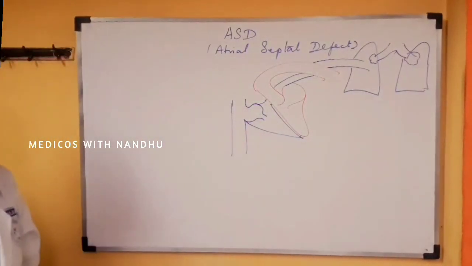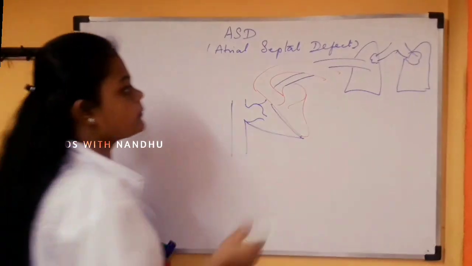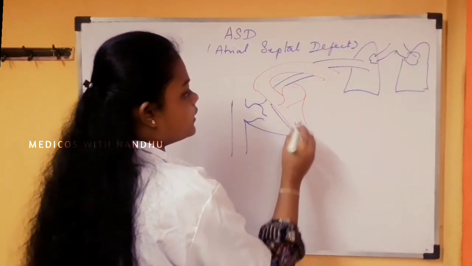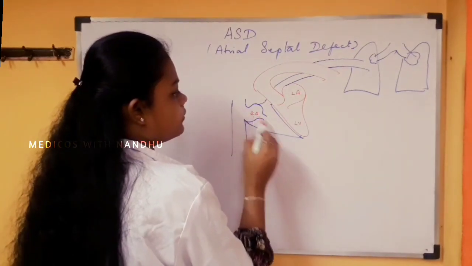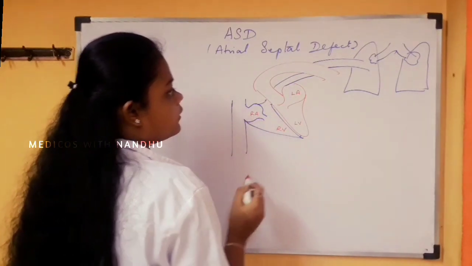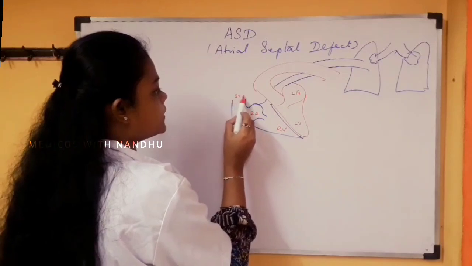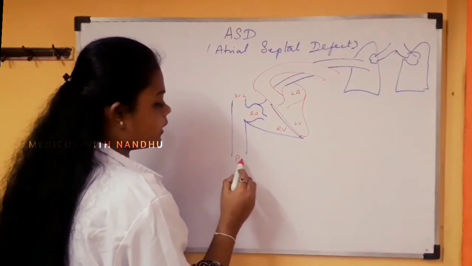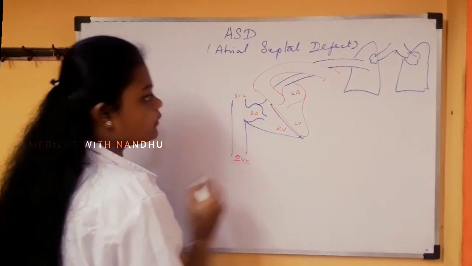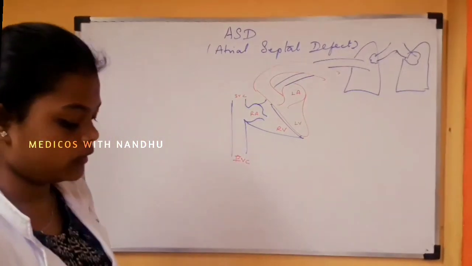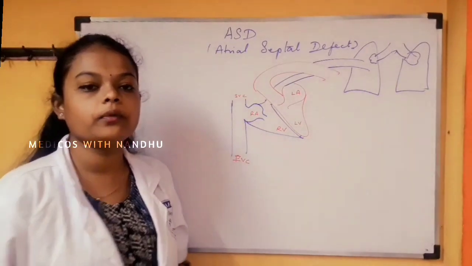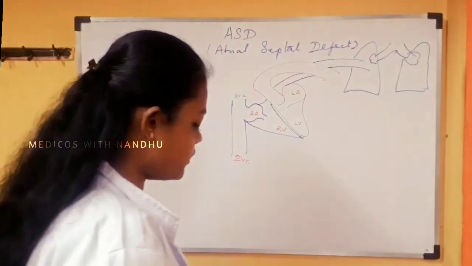So this is the left ventricle, left atrium, right ventricle, and the superior vena cava is present here. The inferior vena cava is present here, and there are two input valves and two output valves.